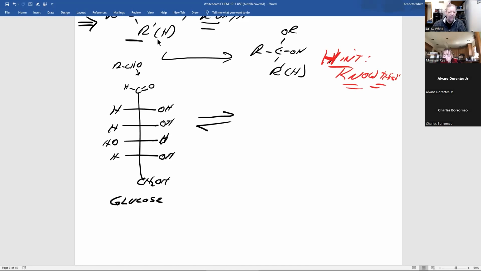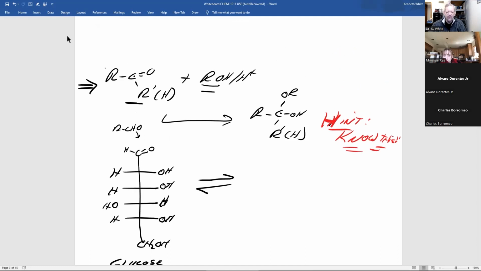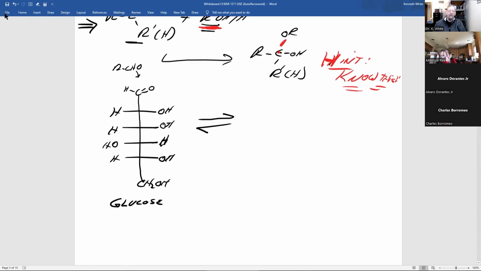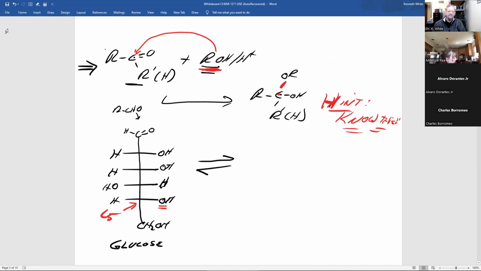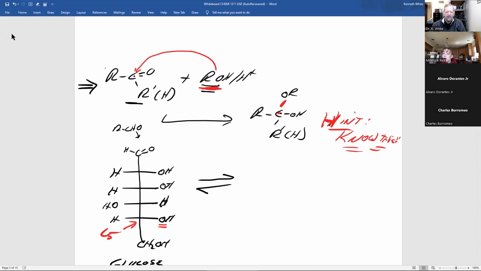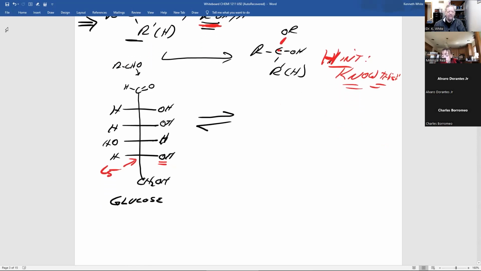All right, now the carbon that has the hydroxyl group, that's this alcohol, that will attack this carbonyl to form this molecule here, and this bond is always C5. This hydroxyl group right here, and just like up here, this attacks here.